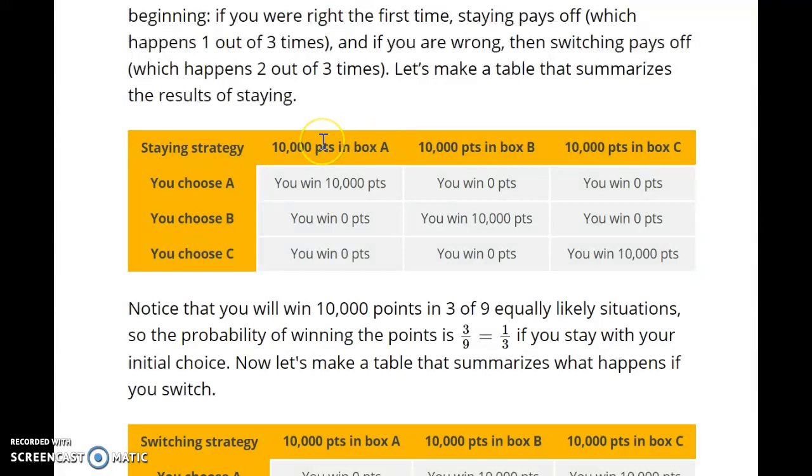If the 10,000 is in box A and I choose A, then I win. But if it's in box B and I choose A, then I don't win. If it's in box C and I choose A, then I don't win anything. So there are 3 possible favorable outcomes out of the 9 total.